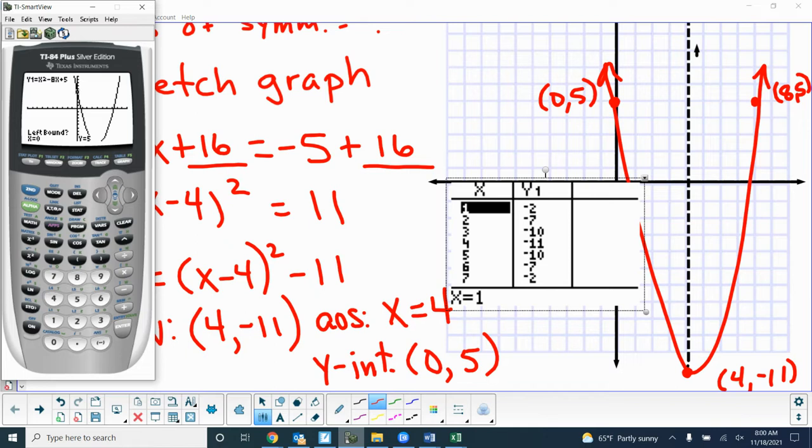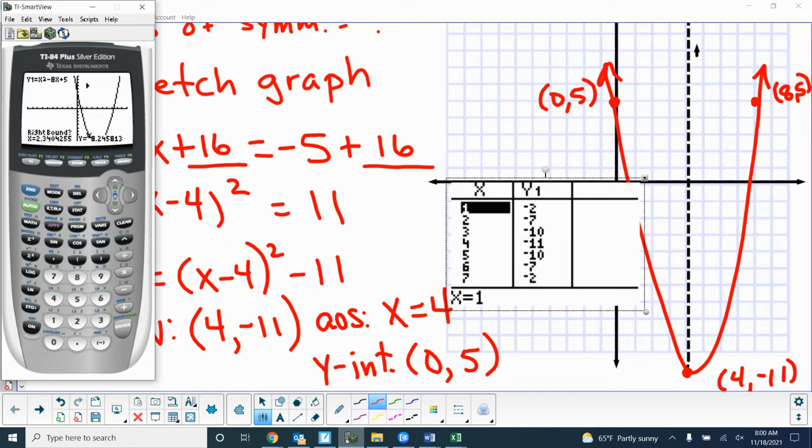The first question says, if you can see it, it says left bound. Okay, that means the calculator wants you to tell it to be left of the vertex. Okay, so I like to get closer to it, so I'm going to move my cursor by hitting the right arrow key, and I'm going to just kind of move closer to it. Am I still left of the vertex? Yeah, so I'm going to hit enter here.